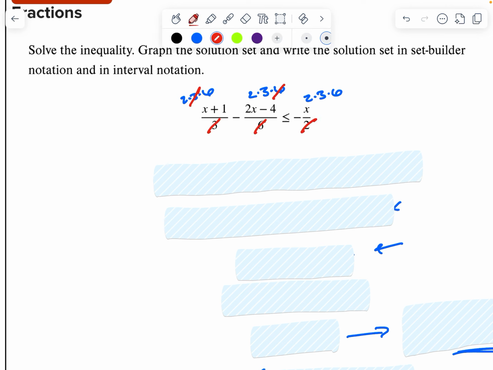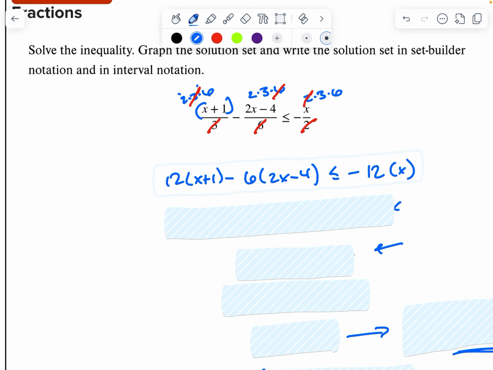Be very careful with this. You do need to keep up with what's still there, so 2 times 6 would be 12 times x plus 1, for example. The minus sign will come down. The inequality sign will come down. 2 times 3 is 6 times 2x minus 4. And 3 times 6 is negative 12.